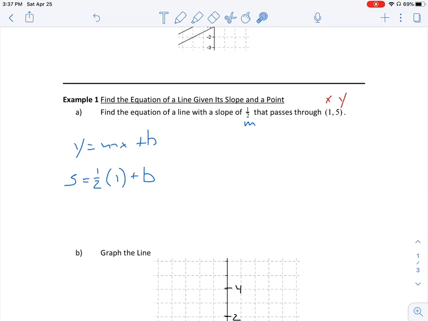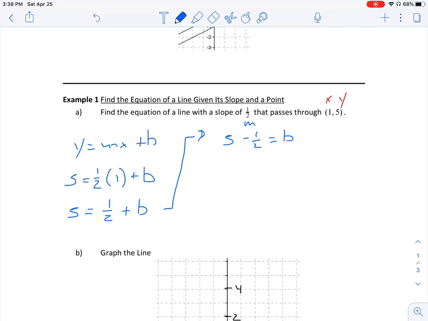So by plugging in the x and the y value and the slope value, I'm going to get the y-intercept. 5 is equal to 1 over 2 times 1, which is the same as 5 equals 1 over 2 plus b multiplied by 1. This is still 1 over 2. Now I'm going to bring that over. 5 minus 1 over 2 is equal to our b, or our y-intercept.